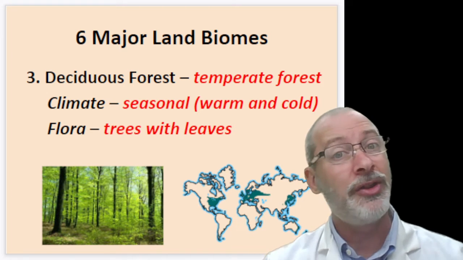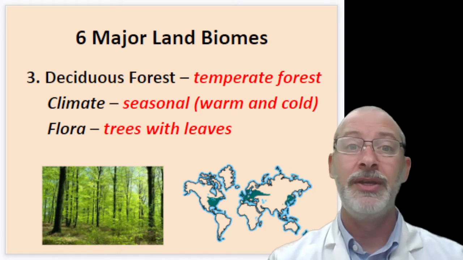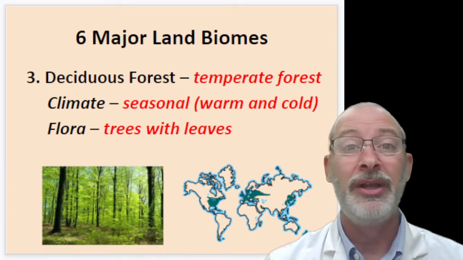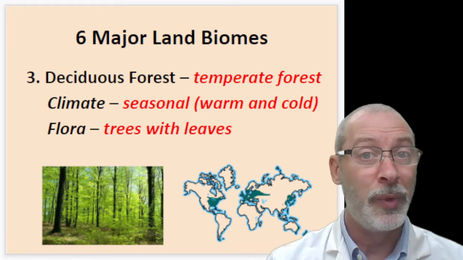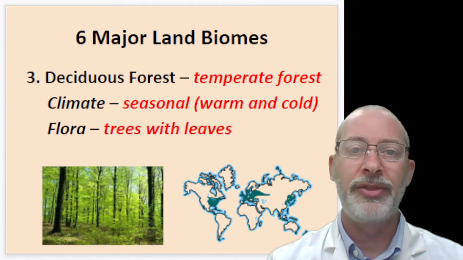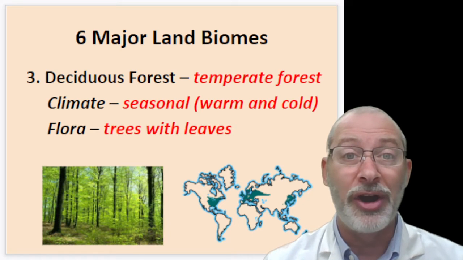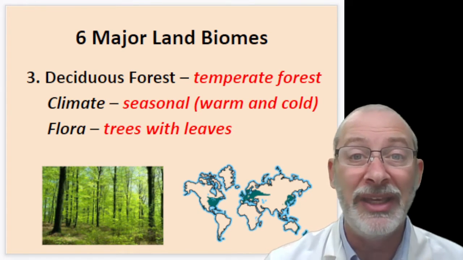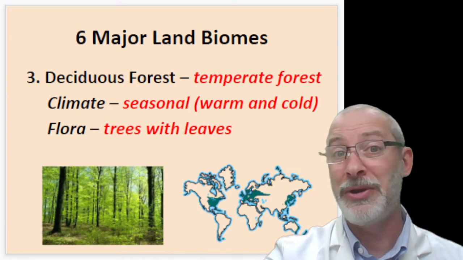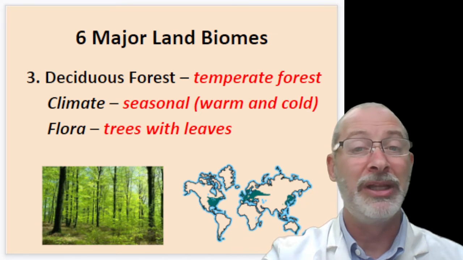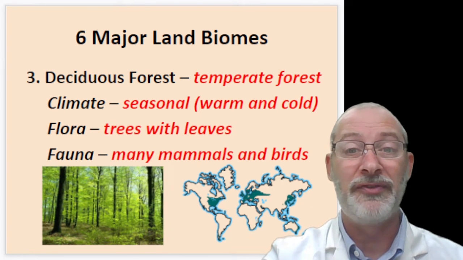Deciduous trees are those that lose their leaves in the wintertime. And we've got plenty of those located around here where we live. And so we are very familiar with a deciduous forest, because this is the biome that most of us live in. If you're watching this video, you're probably a student here and you probably live in the deciduous forest.